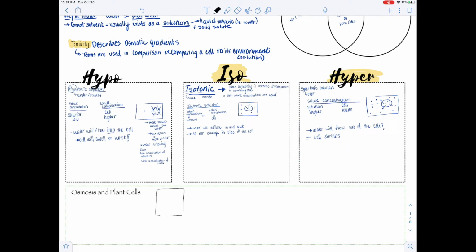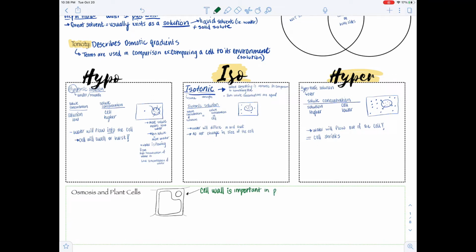Now I want us to take some time and talk about osmosis and plant cells. So we know the structure of plant cells is different from animal cells in that plant cells have cell walls. Okay, so this is going to play a role in osmosis and how we're going to look at what's happening in the cell with our tonicity. All right, so the cell wall in plant cells is a very essential component for plants because it protects plants against osmotic changes.